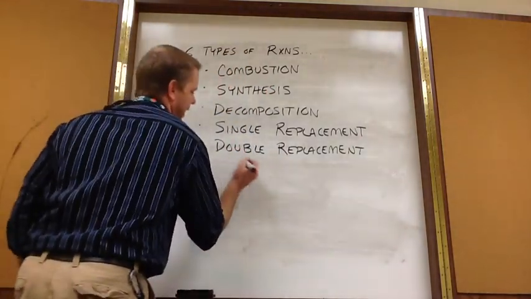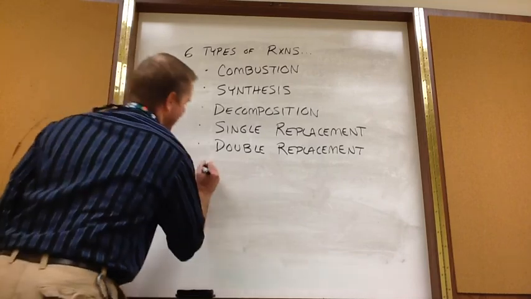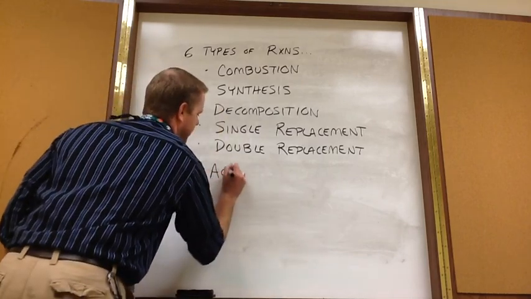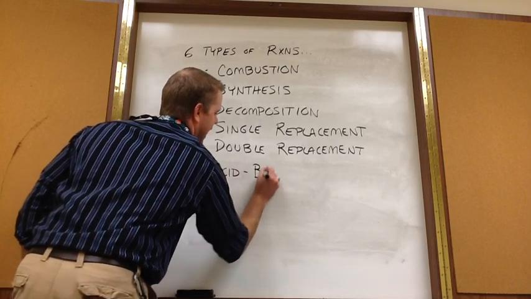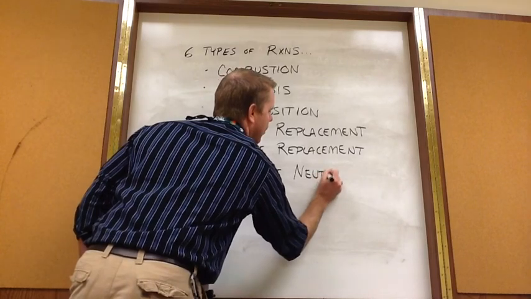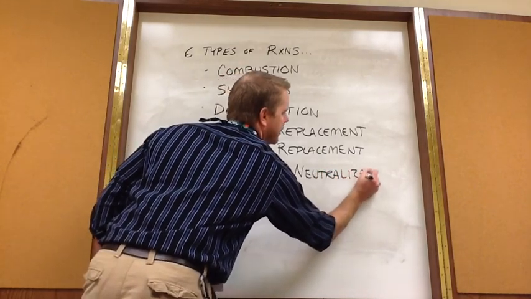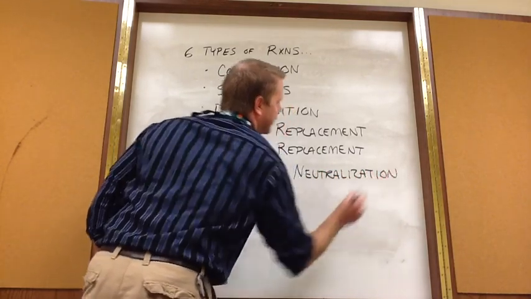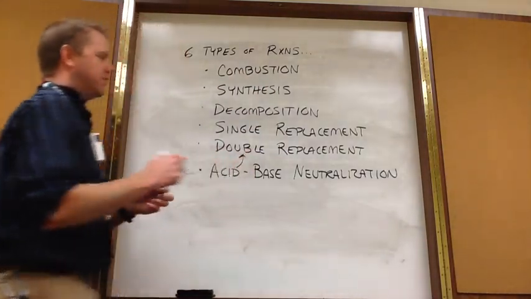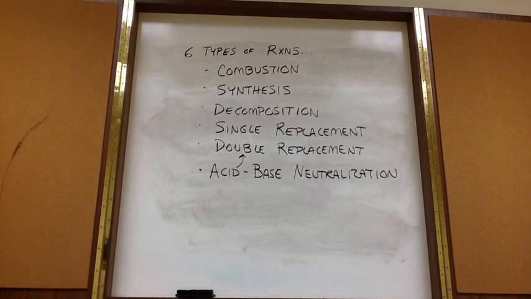So some people will say there's 5 plus 1. I added it in, some people say there's 5. But I think it's good to recognize that acid-base neutralization reactions have some of their own classified properties and make them a little different from other things. But again, this is really just a type of double replacement. So if somebody asks you out there in the world how many types of reactions, there are 5.